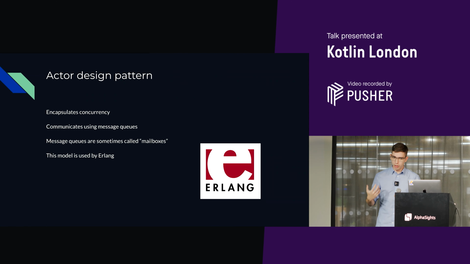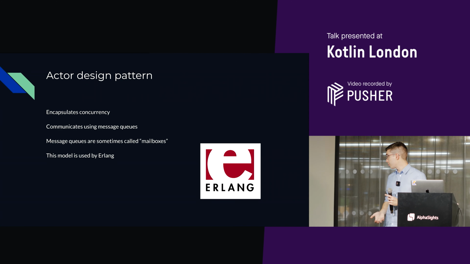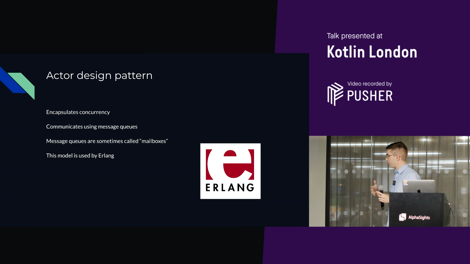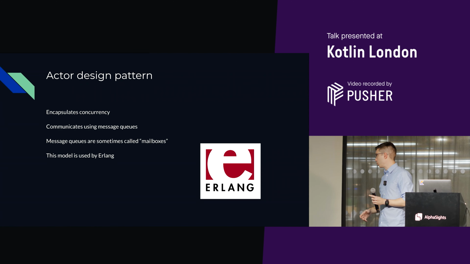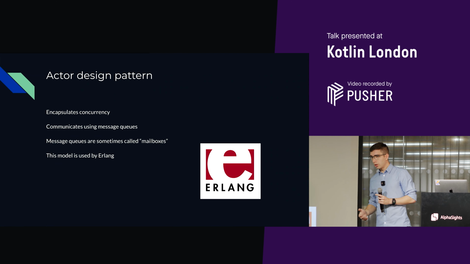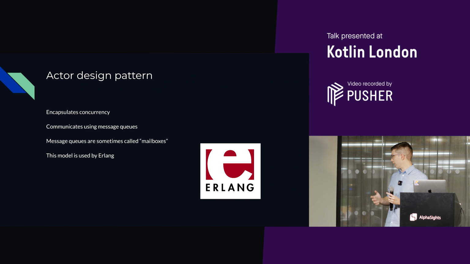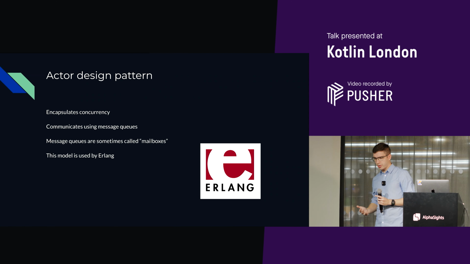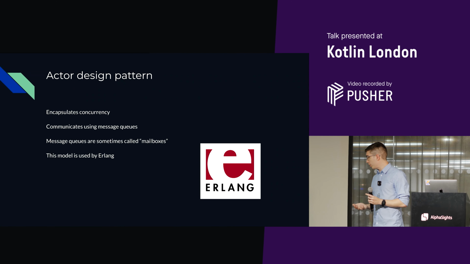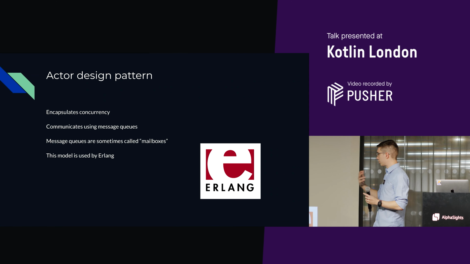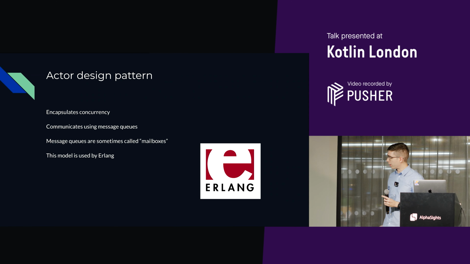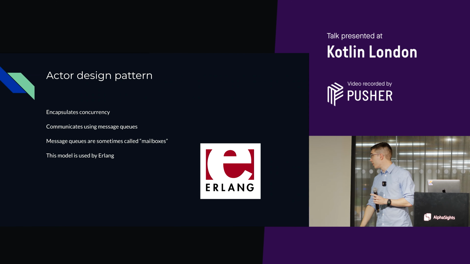So our channel is a message queue in this case. In some languages and some documentation, you may see that message queues are called mailboxes. And often you'll have two mailboxes per actor, one for incoming messages and one for outgoing messages. But it's not mandatory. As long as you have some kind of coroutine and at least one channel, you implemented an actor.